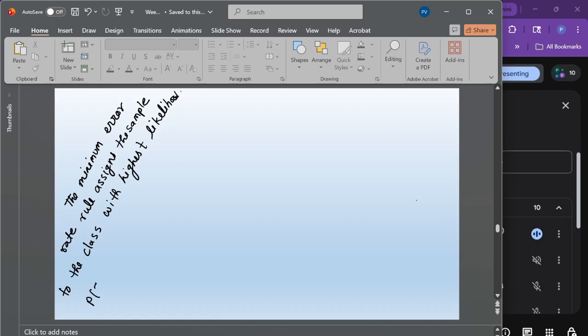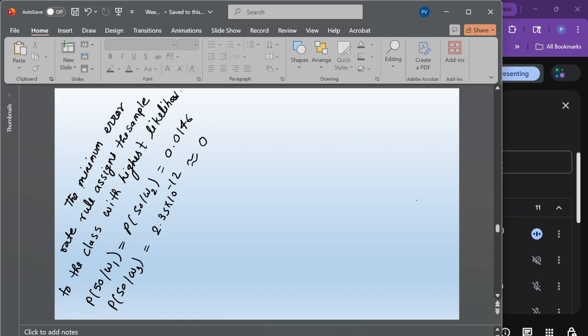So the probability of 50 given class 1 and given class 2, that is equal, that is 0.0146, right? And the probability for class 3, that is 2.35 into 10 to the power minus 12. So that is approximately equal to 0, right? Because of minus 12. So these two classes have a highest probability, I mean that is greater than class 3.